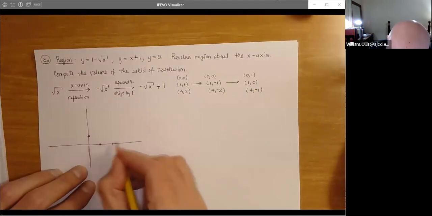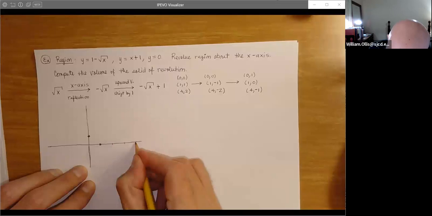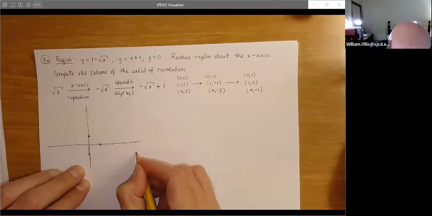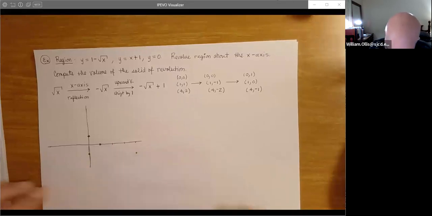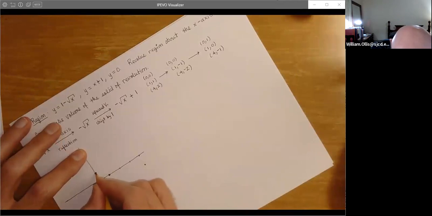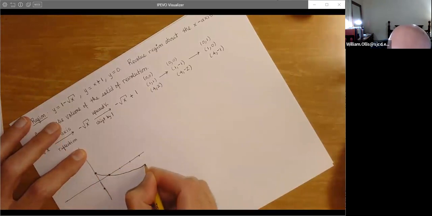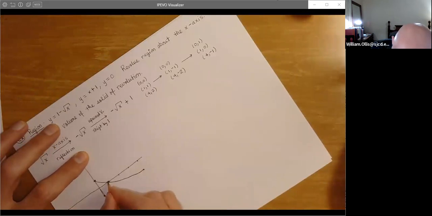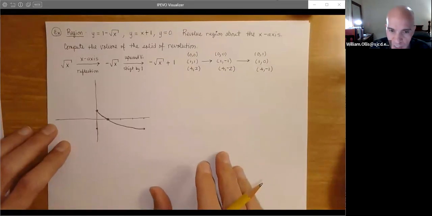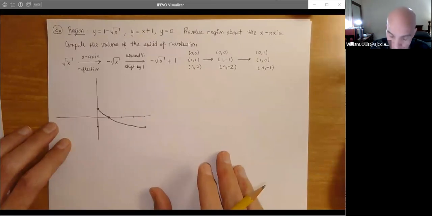So 1, 2, 3, 4. I'll have more here than we need, but still just good practice. So when we draw our function, just connect it. So there's our new function, at least the abbreviated part of it.